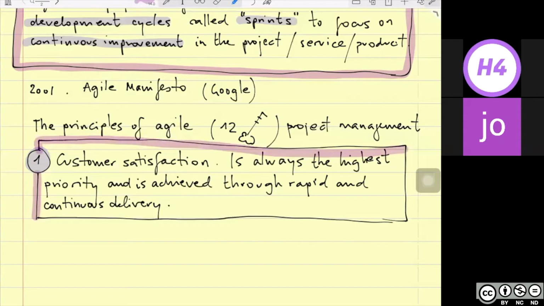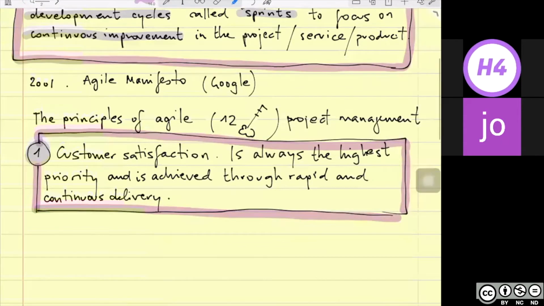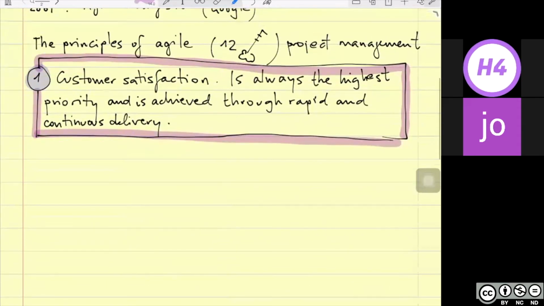You can summarize it with a smiley. Make your customer happy.